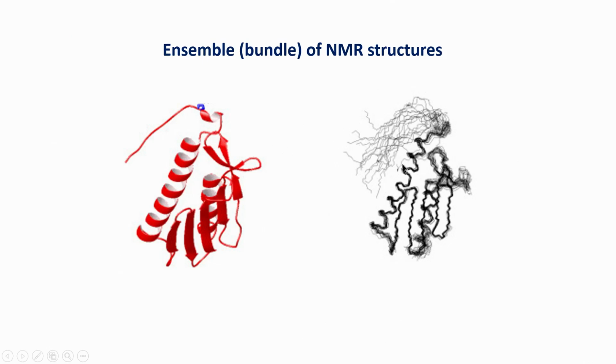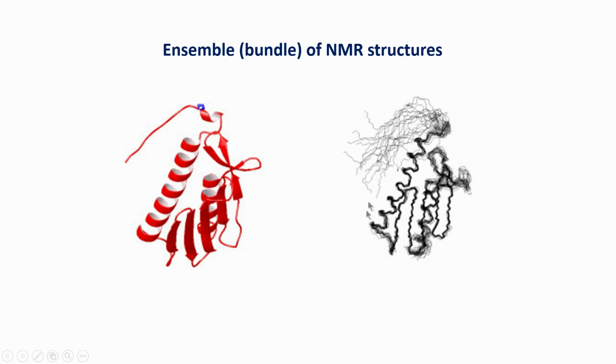This is how, as we show in a publication or in a database, we show a bundle of NMR structures. We do not show a single structure, we show an ensemble. Why? Because all of these structures which we have got, about 20 here in this picture, have satisfied the distance and angle constraints that we have given to the software.